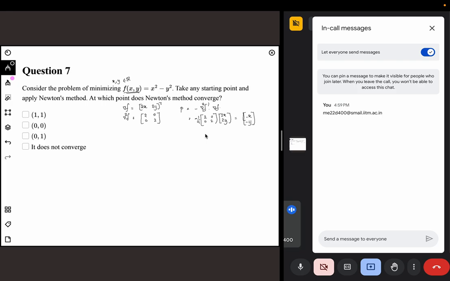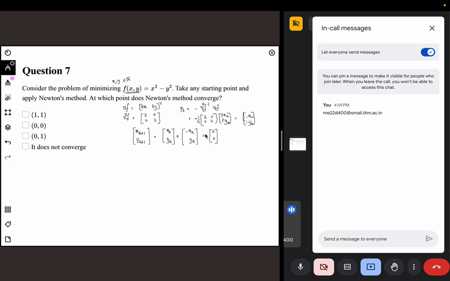This is minus x, minus y. So for pk, this will be minus xk and minus yk. Now xk plus 1, yk plus 1 is xk, yk plus pk. So this will go to 0, 0.